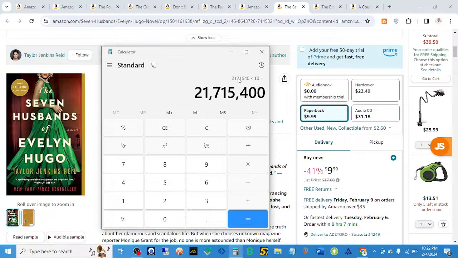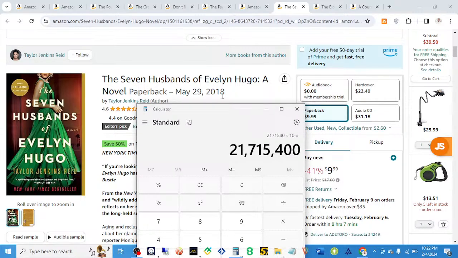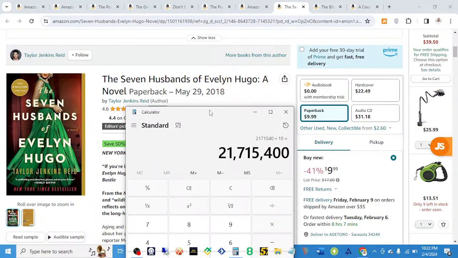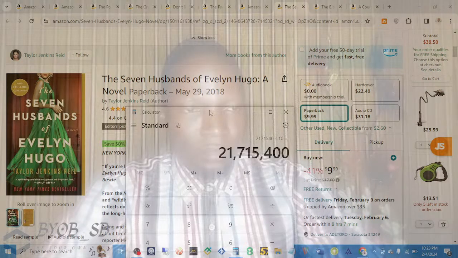Okay, let's break it down into the number of months. We want to know the exact amount of sales the author has made on this book on a monthly basis. He published this book on May 29, 2018. So now let's do the calculation. 2018, 2019, 2020, 2021, 2022, 2023.